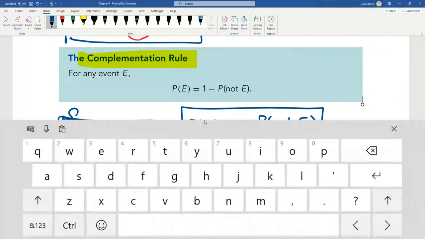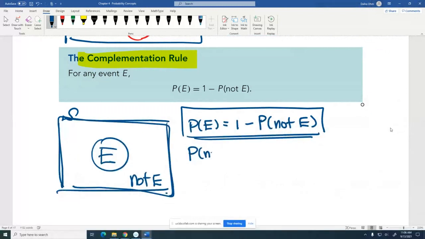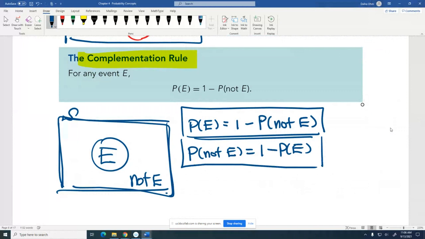The other way, the probability of not E outside will be 1 minus the probability of E inside.